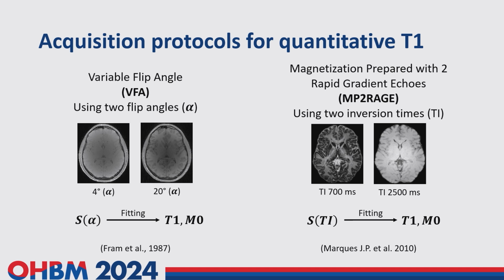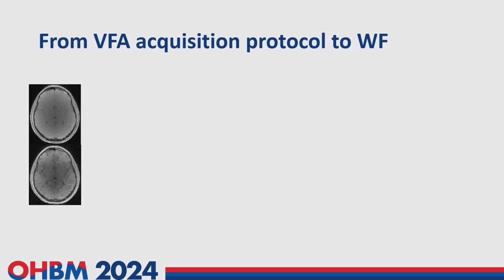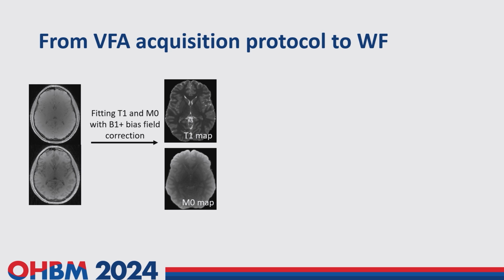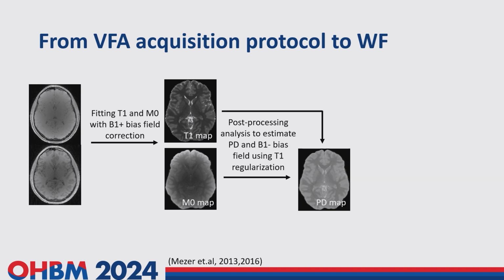One advantage of variable flip angle is that we can use this M0 to estimate water fraction. In this approach, we first fit T1 and M0, as I said before, and then we add a post-processing analysis in which we regularize the water fraction estimation, remove the bias inhomogeneity, and estimate in the end a PD map.